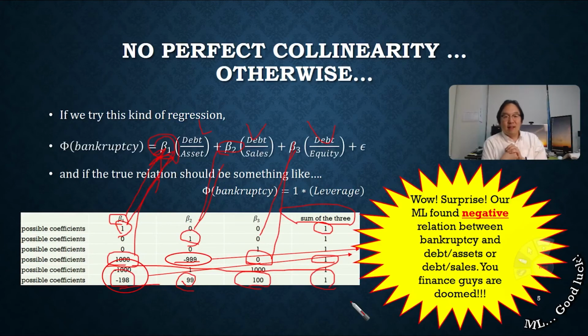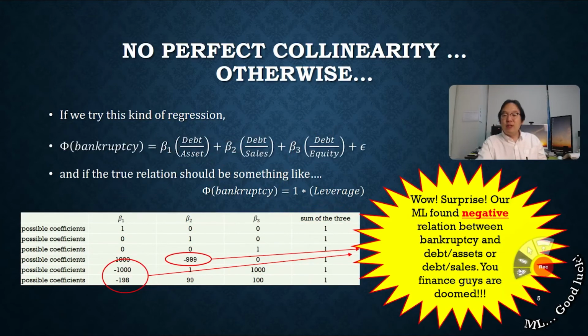Now, what's the takeaway? Well, the machine learning or AI guys, the snake oil salesmen, will say, wow, surprise! Our machine learning found a negative relation between bankruptcy and debt over asset or debt over sales by pointing out these 2 results over here, or 3 results.